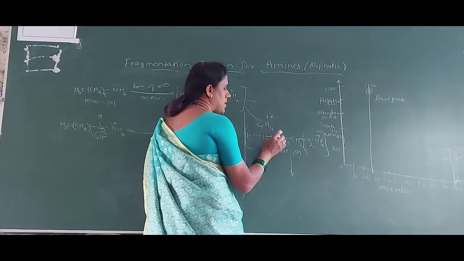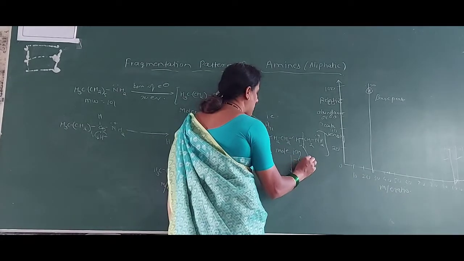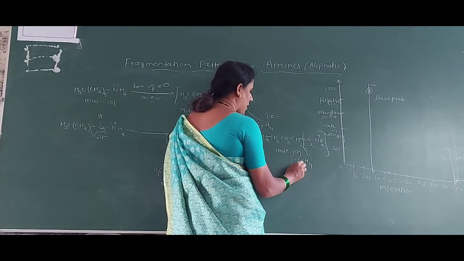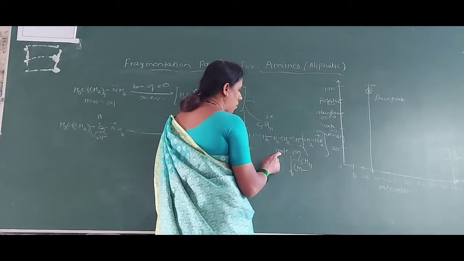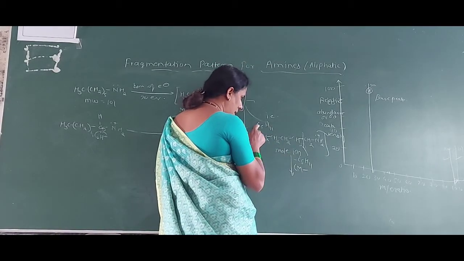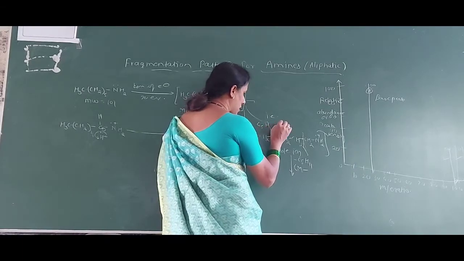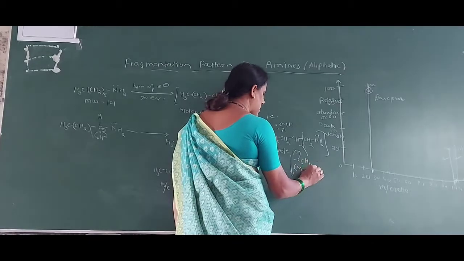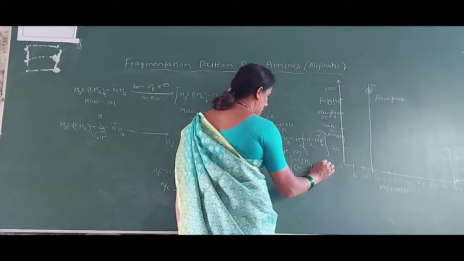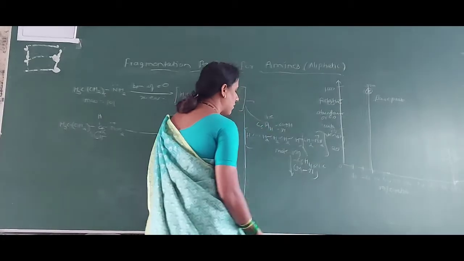Now we are writing M minus C5H11. That means whatever will be the molecular mass minus how much? 12 into 5, 60, 60 plus 11, that is equal to 71. M minus 71. This is the writing language.